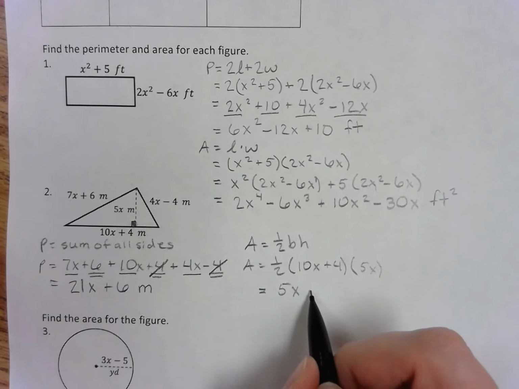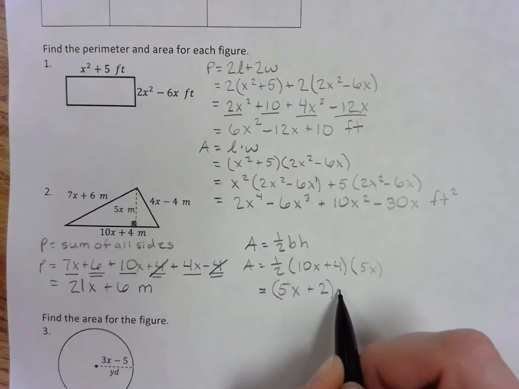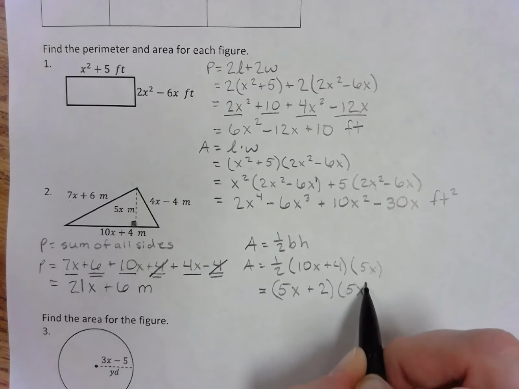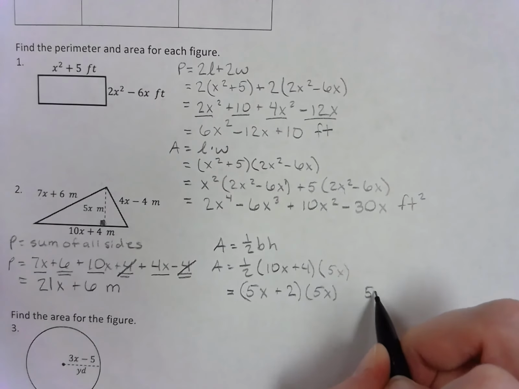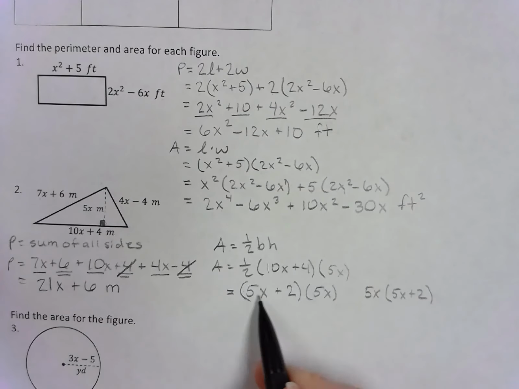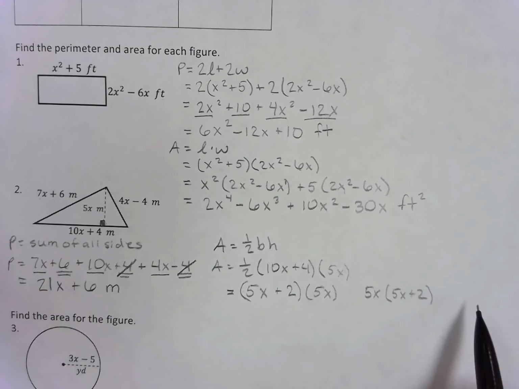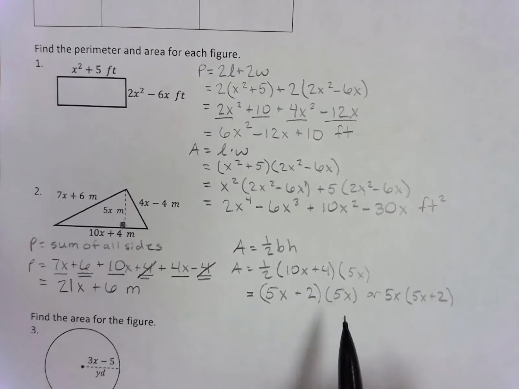Half of 4 is 2. That still needs to be in parentheses because we're still needing to multiply it with this 5x. If it bothers you that the 5x is at the end, flip it around. If you need to write it as 5x times 5x plus 2, flip the order of that so you can distribute. So either of those would be fine. But I'm going to stick with this one.